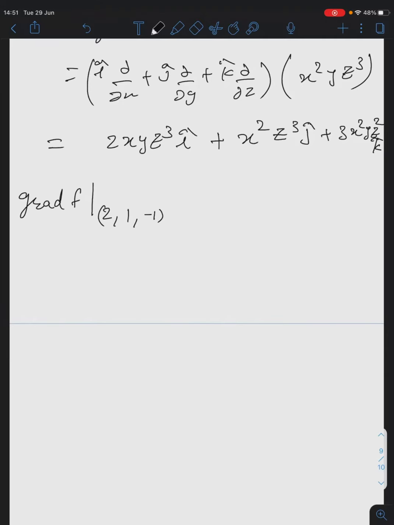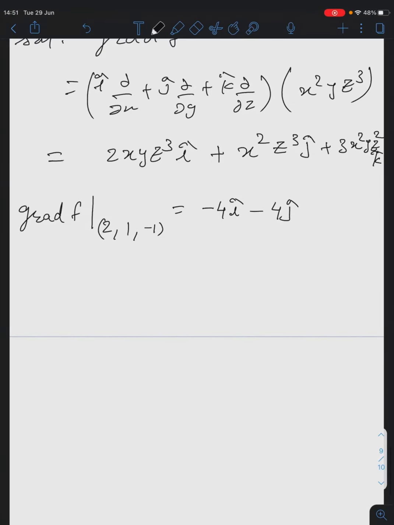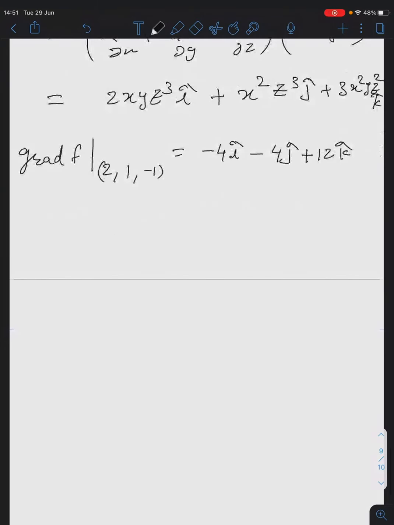So you get minus 4i, since z cube is minus 1. Again 4 with a minus sign, so minus 4 j cap. Then 3 into x square, 2 square is 4, so 12, and z square, minus 1 square, is plus 1, so 12 k cap. This is the gradient of f.